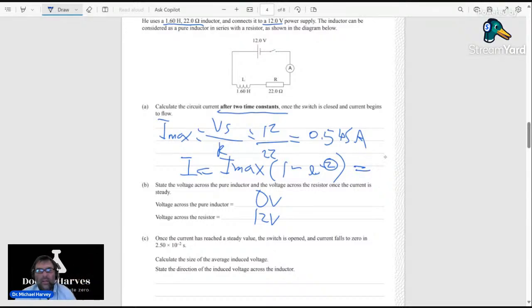So e to the negative 2. Where is e in the calculator? Oh, they got e to the negative 2. 1 minus answer, times 0.545. Yep, 0.471.